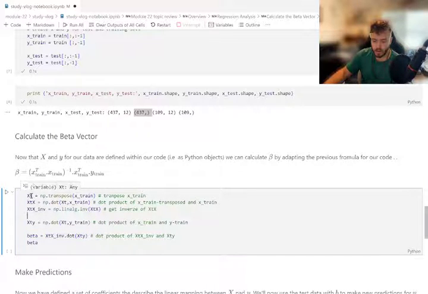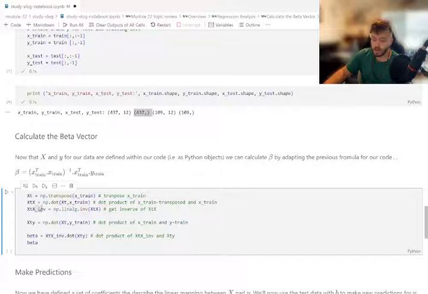So we declare XT, and that's just the transpose of X train. Then we declare XTX, which is X transpose times X train, and again, we're using the dot product for that.